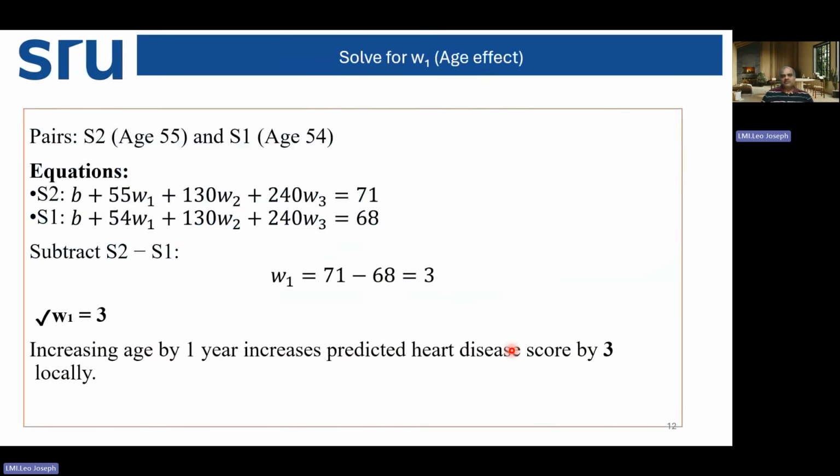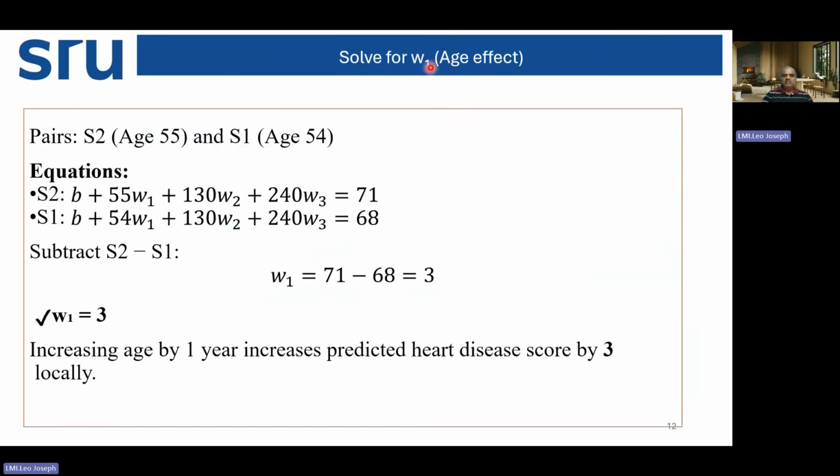Next, this is the important step. One by one, we are going to solve for weight W1. We have to estimate the weights. This is an important step in LIME. Understand carefully. Three parameters are contributing: one is age, another is cholesterol, and another is blood pressure.